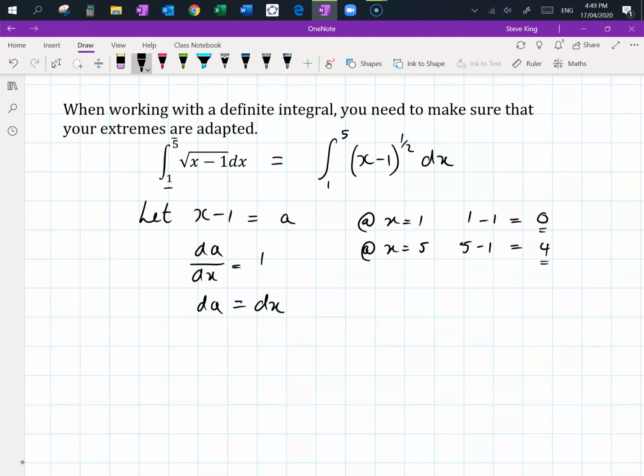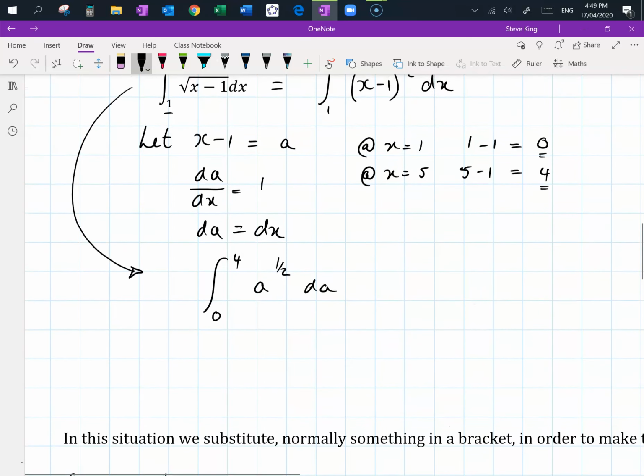I can now go back to my initial integral and rewrite it in terms of the substitution that I'm going to use. So it's going to be the integral, not between 1 and 5, but between 0 and 4. Not of x minus 1, but of a to the power of a half. And we can see that dA and dx are the same, so I can write this as dA. Now I've got a simple integral that I can work with.